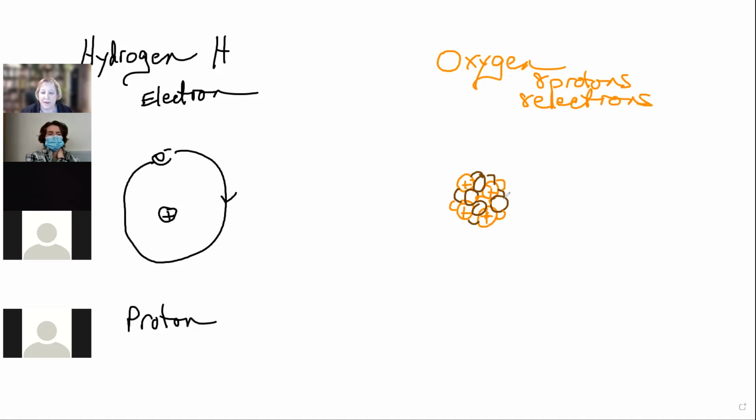And once again, the electrons are going to orbit this center, whether it's 1 proton or several protons and neutrons together. We call this a nucleus. Nucleus.